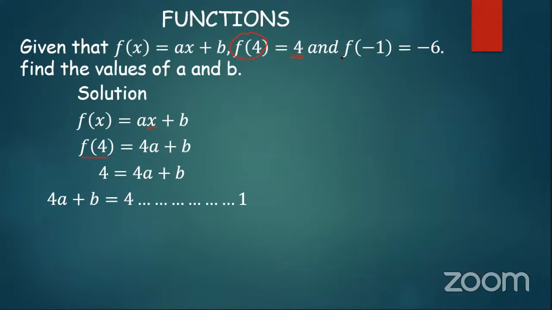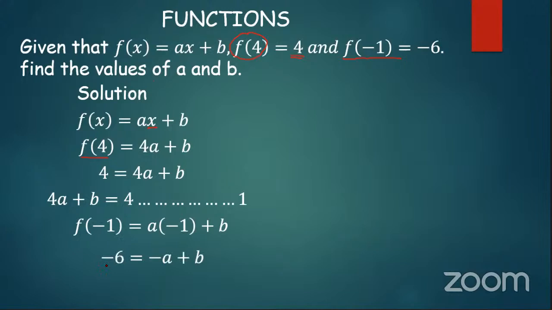Then we get f of negative 1. F of negative 1, we still do the same. Where there is x, we substitute a negative 1 plus b. And the f of negative 1 was given as negative 6.